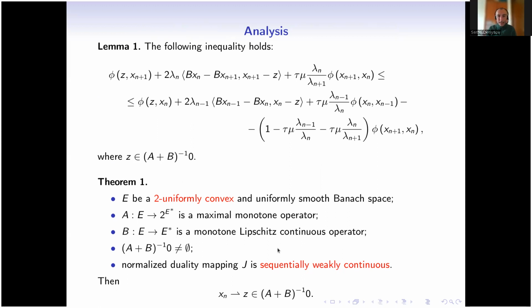You see these red parts: we have a hope to lift these requirements, because now they're used in our proofs, but we have hope that they can be skipped maybe in some way. And if all this stands, then the sequence x_n generated by algorithm 1 or algorithm 2 weakly converges to some point z in our solution set. So it's our main theoretical result.